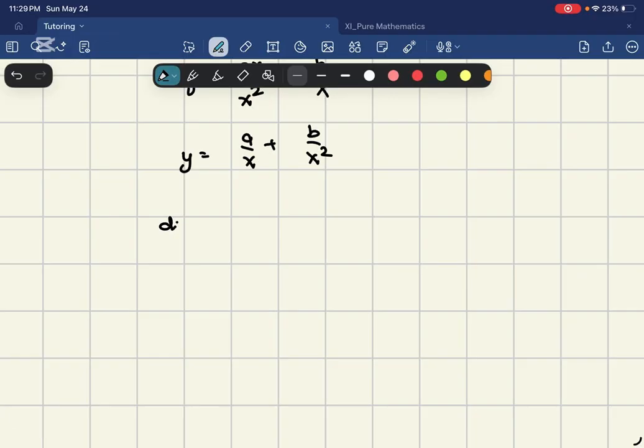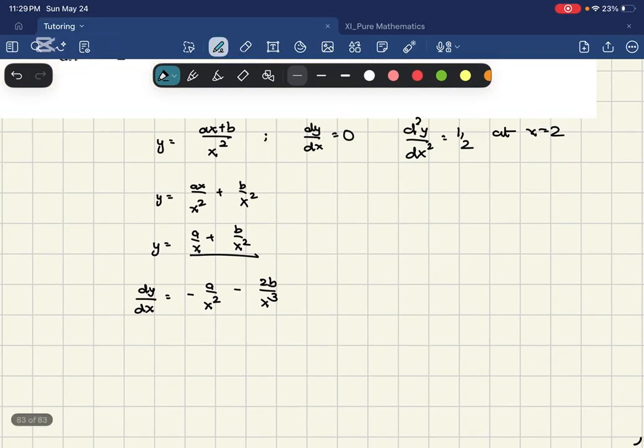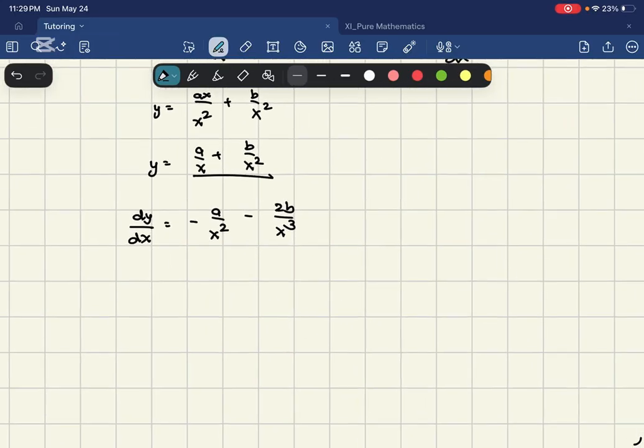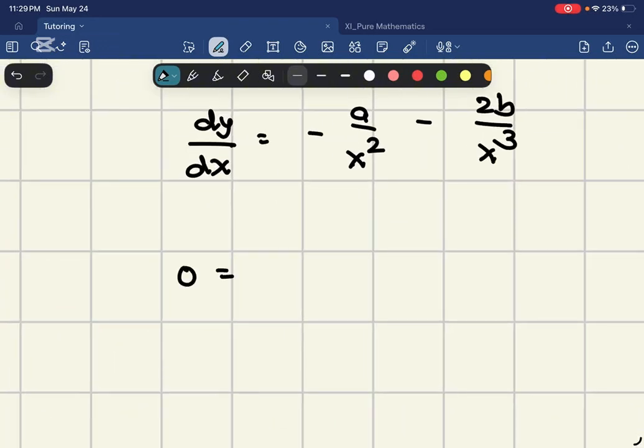So now I can find the derivative. dy by dx is just going to be, now I'm going to do it quickly, but you are going to see this expression. So I differentiated this in my head and I get this expression, but I encourage you to try to differentiate it on your own and see how we got this. So when x is equal to 2, dy by dx is 0. So 0 occurs when I substitute 2 here.